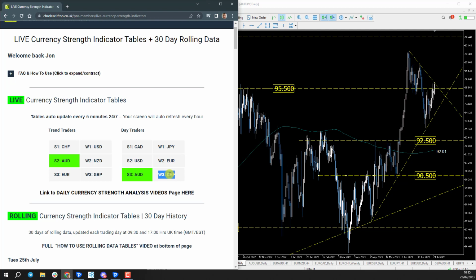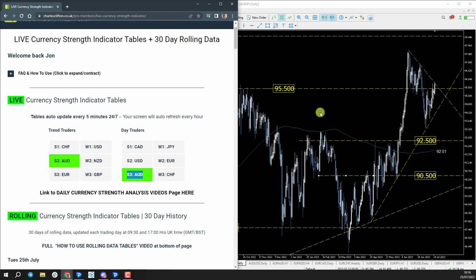So that can mean that there's a short-term pullback on that currency at this current moment in time. Obviously, if things do change and we see the Swiss franc remove itself from the trend trader side of the table, then that can mean that there's a bigger influence at play and a bigger change in the direction of that currency. So at the moment, Swiss is still here, but let's have a look at our Aussie pairs then.